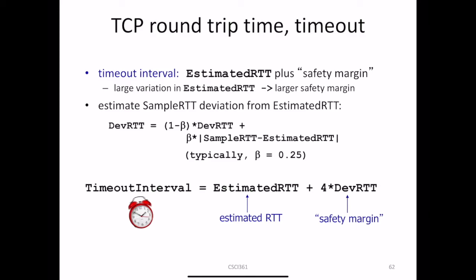A larger variation in the estimated round trip time leads to a larger safety margin, and the safety margin can be treated as the deviation between the sample round trip time and the estimated round trip time. So how do we calculate this deviation? We simply use the sample round trip time minus the estimated round trip time.